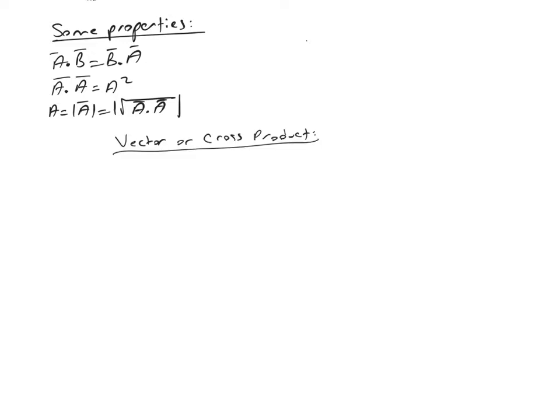The second kind of vector multiplication is vector or cross product. Given two vectors A and B, the cross product operation is demonstrated by this sign.